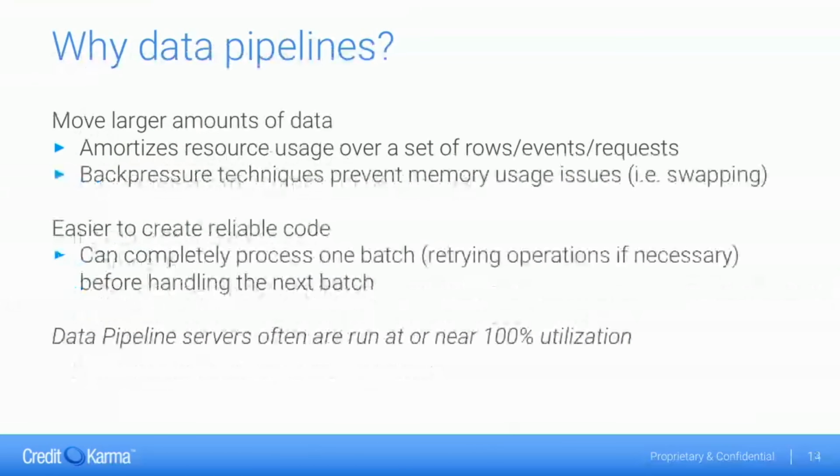So as opposed to that, data pipelines are applications that are designed to move as much data as possible through some section of your infrastructure. So when you write those, you're generally writing them differently. You're generally going to determine a certain batch size, certain number of requests that you're going to handle at once. You're going to pre-allocate all the resources you need to process that particular group of rows.